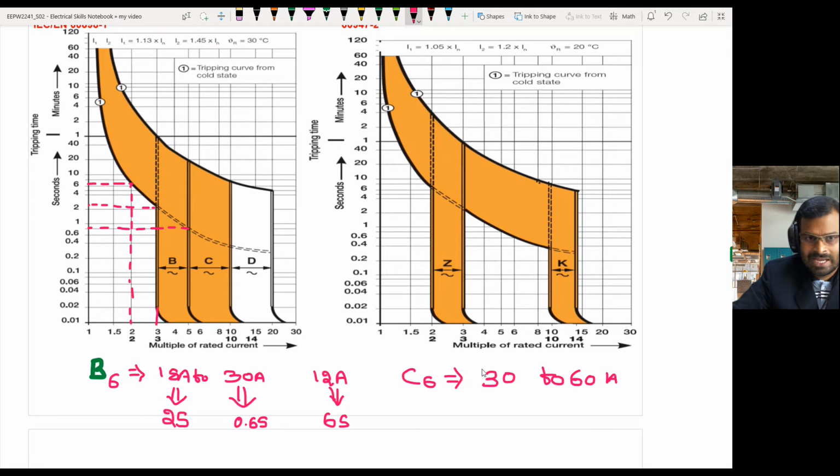Now let us see the time taken for tripping during this fault condition. For 30 amperes for the C type, this is 5 times, and then 10 times we have to see.